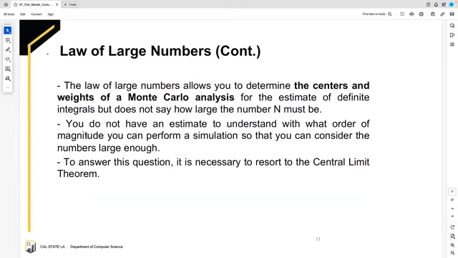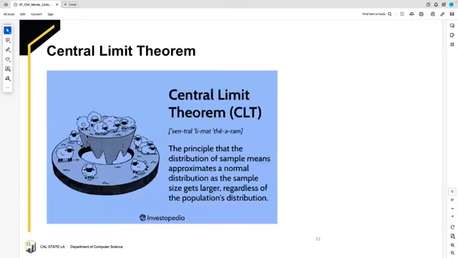This one is related to the application that I'm going to show you later, but have this law of large numbers in mind, because later when we want to see that application together, it will be needed. Okay, so the other thing that we need to know relevant to Monte Carlo simulation is called the central limit theorem.